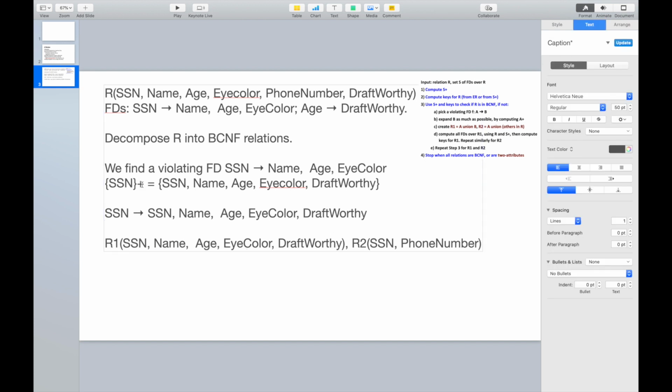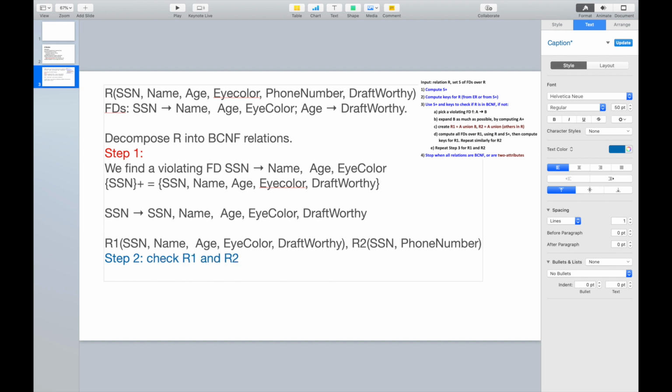So that is the first step in the iteration. Besides step 1, we also need to further check R1 and R2 to see if we can find some violating FDs or not. So we have step 2. In step 2, what we do is check R1 and R2.